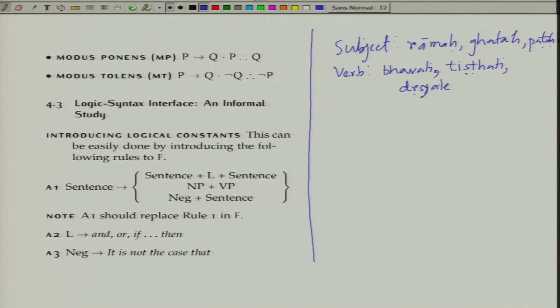Now, I can say when my subject is Ramau, Ghatau, Patau, my verbs would be one of Bhavatah, Tishthatah, and stuff like that. Now, I now give rules.